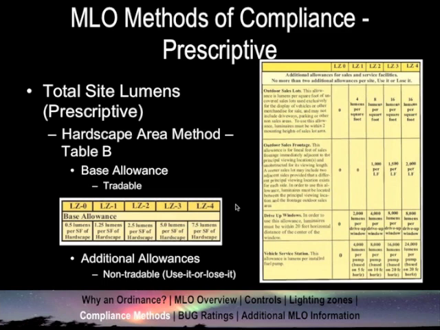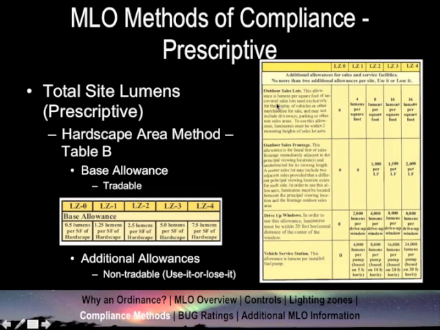The only difference is the drainage plan may have the footprint of the building included in it. And this particular square foot of hardscape, it would not have the building footprint in, so you would have to subtract that out. But you basically get so much light per square foot of hardscape, and these are tradable base allowances. In addition to that, you have additional allowances that are non-tradable, kind of the use it or lose it.